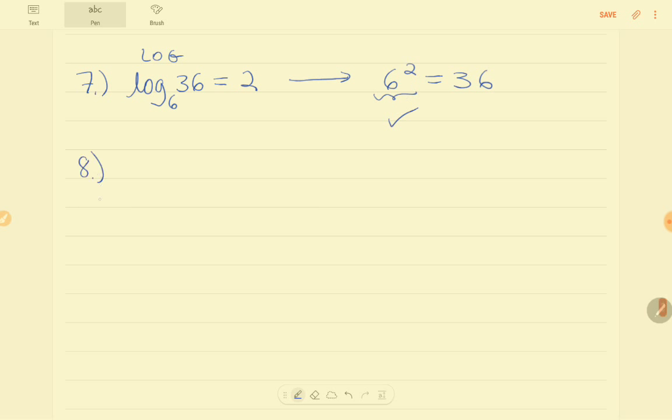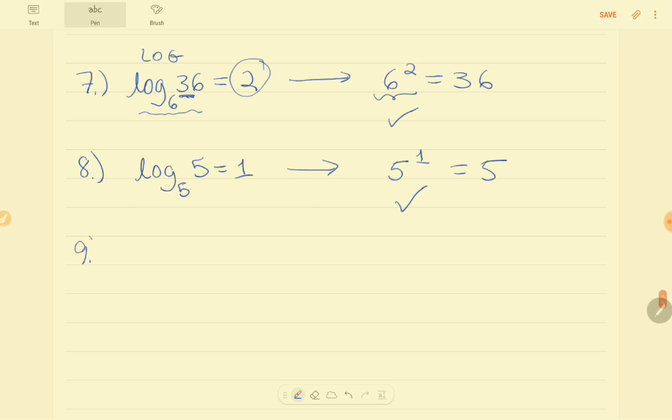Number 8, log base 5 of 5 equals 1 converts to 5 to the power of 1 equals 5. True. Okay, so remember we said the informal definition is that a logarithm is the power that you would raise the base to in order to get the input.